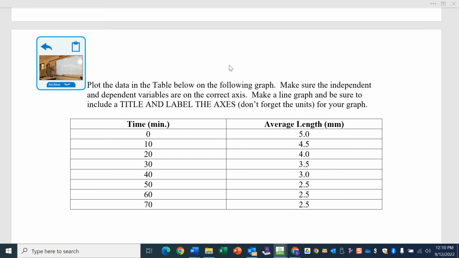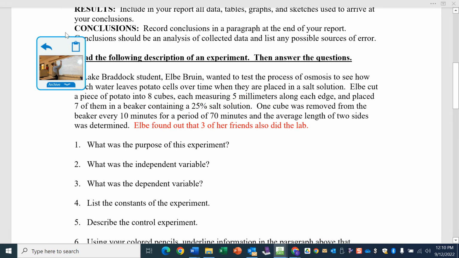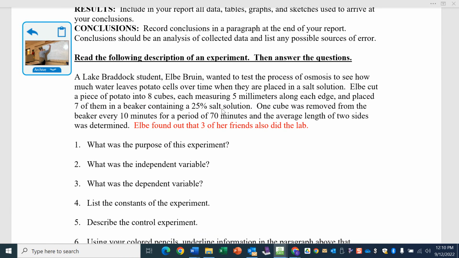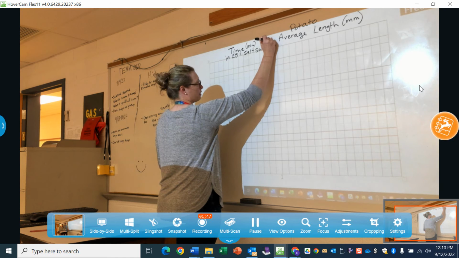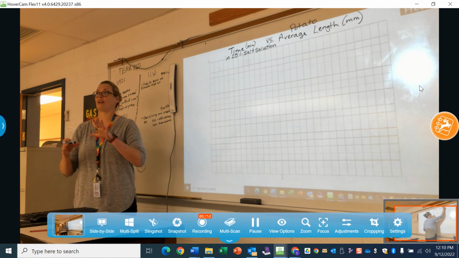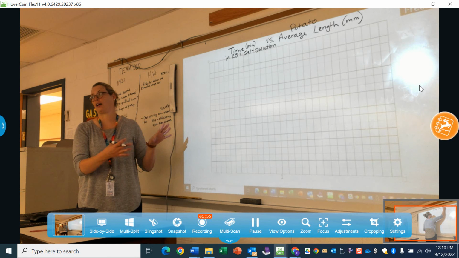It's time in the salt solution. So I want time in 25% salt solution versus average potato length, right? You want as many details as possible because when someone looks at your graph, they want to know exactly what they're looking at.